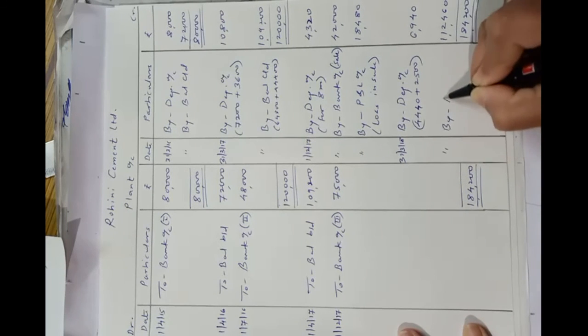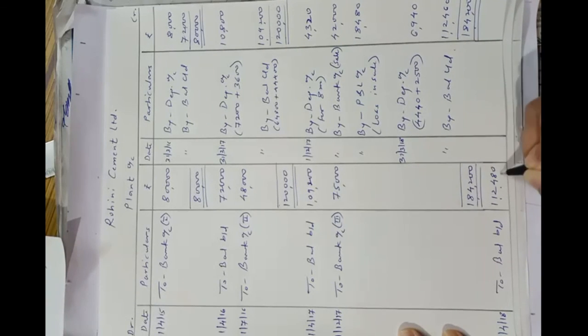By balance carried down, it will be brought down on 1st April 18 to balance brought down 1,12,460. Now let's check if it is correct.